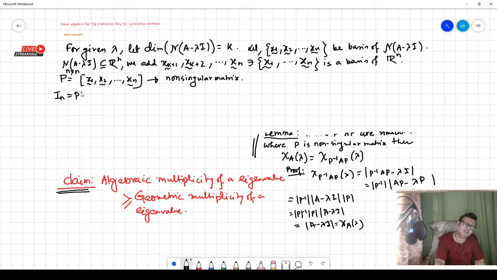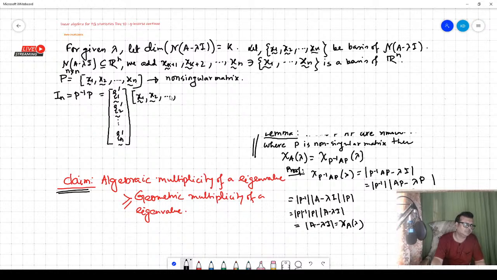So I write In equal to P inverse P. And I denote the rows of P inverse by xi1 prime, xi2 prime, up to xin prime.